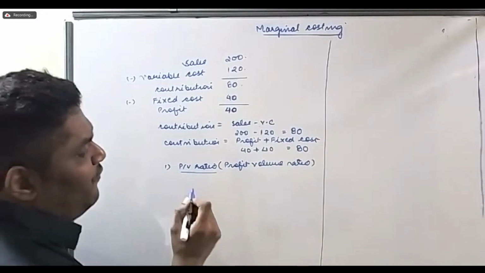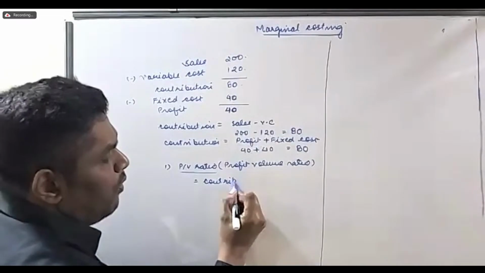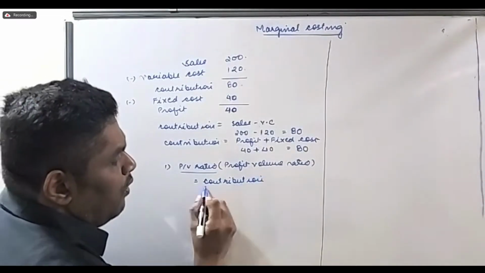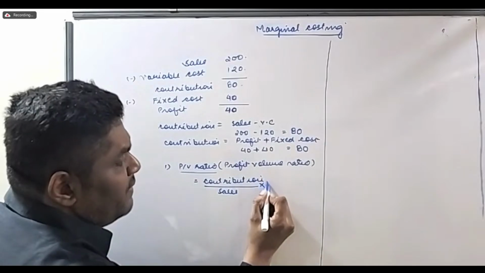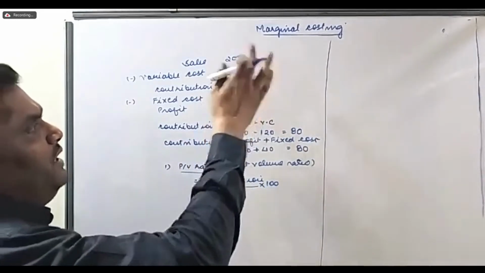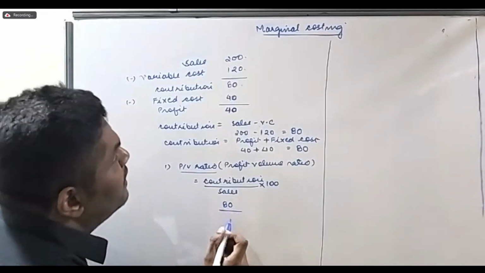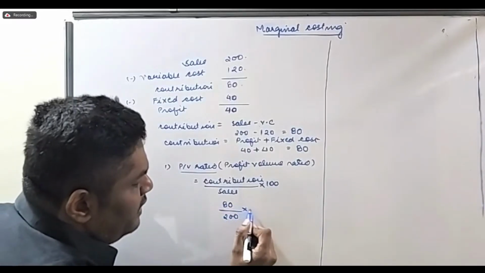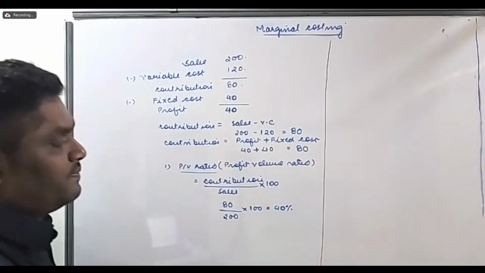When talking about the formula, it is contribution divided by sales into 100. So if my contribution is 80 and my sales is 200, it means PV ratio will be 40%.